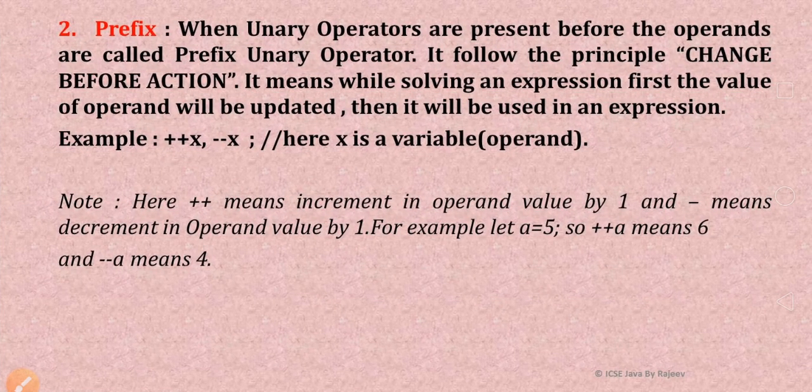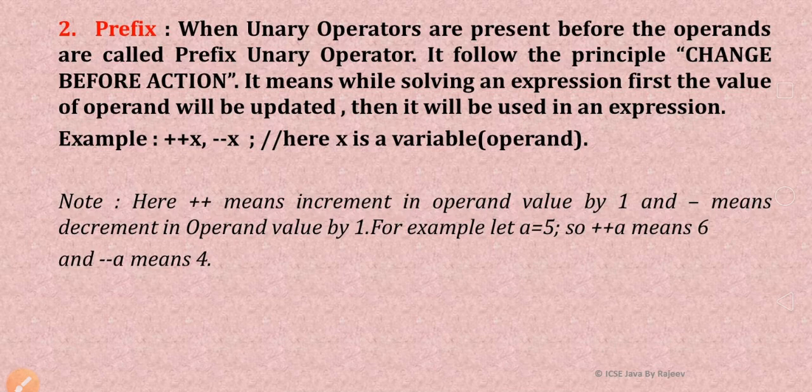Second is prefix unary operator. When the unary operator is present before the operand, it is called a prefix unary operator. It follows the principle change before action. It means while solving an expression, first the value of the operand will be updated, then the latest value will be used in the expression.